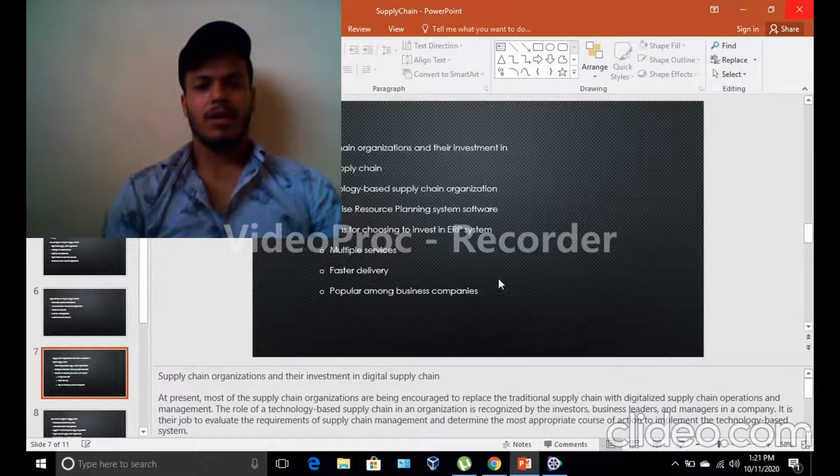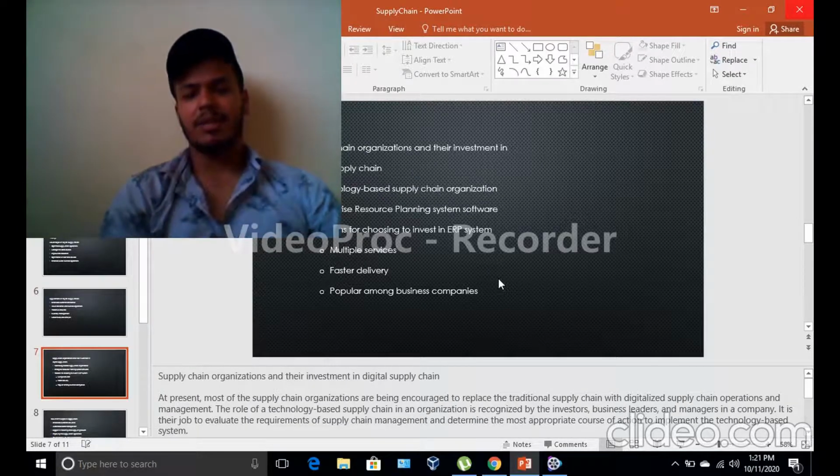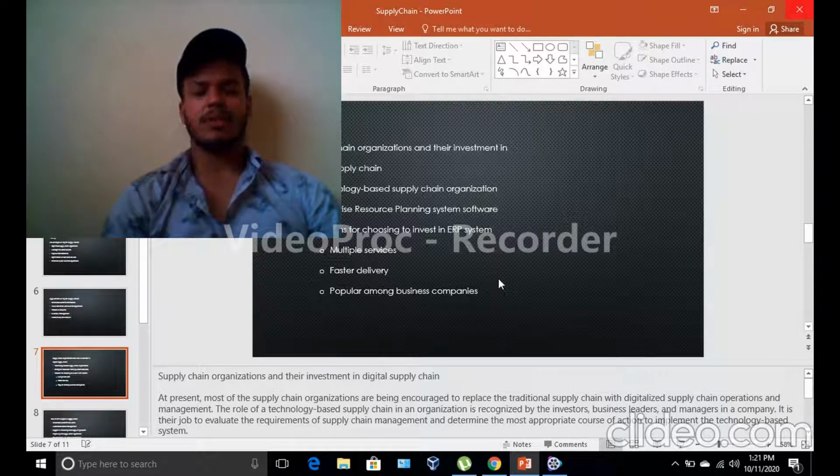Similarly, supply chain organizations and their investments in the digital supply chain. At present, most supply chain organizations are being encouraged to replace the traditional one with the digital supply chain and operations and their management.